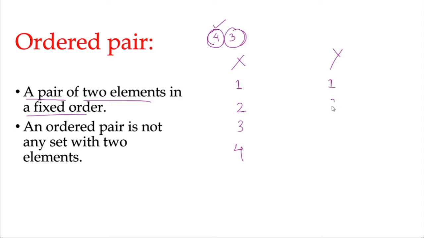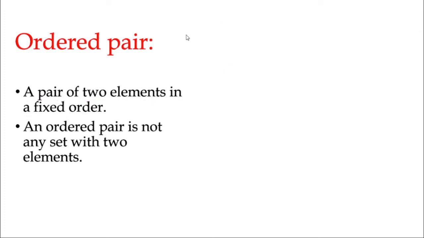It will also be 1, 2, 3, 4, and it will go on. What I am doing here is picking an element of the set x as the first element and an element of the set y as the second element, and in this way I am forming an ordered pair.